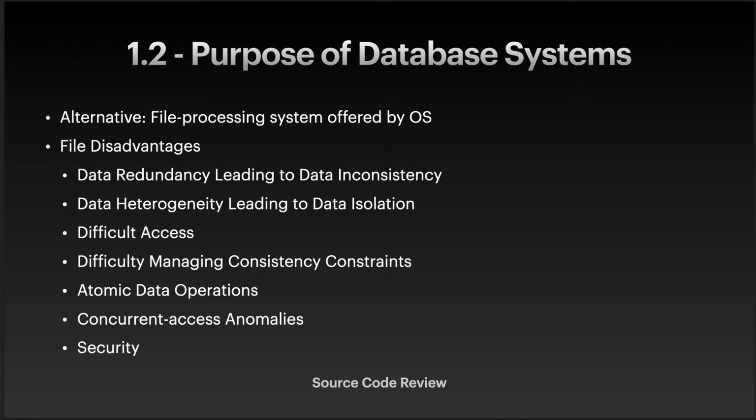Obviously, in a file managing system, if one person gets a value, changes it, and then gets it, but the other person got it before it was changed, then they're getting different data, right? So it leads to data inconsistency.